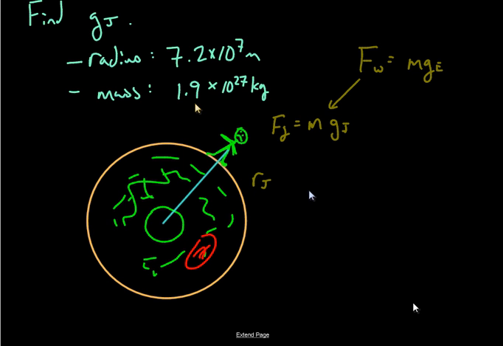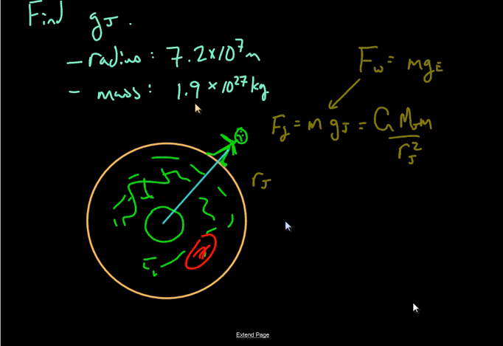So what we could say then is the force of gravity is also equal to this new formula that we figured out, G m M over r squared. Now we're talking about the radius of Jupiter, little m still being the mass of you, but this now being the mass of Jupiter, right?